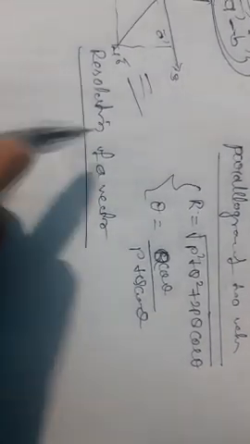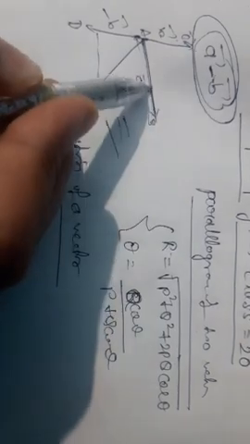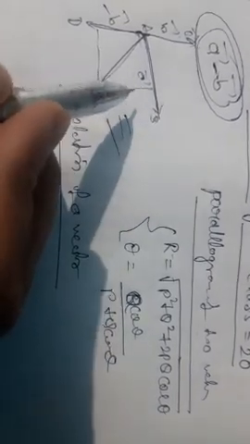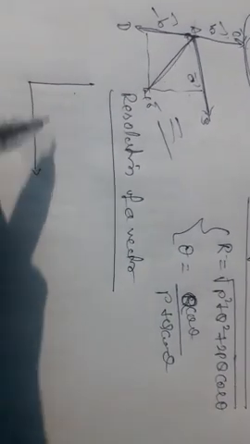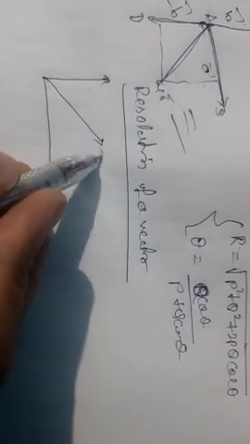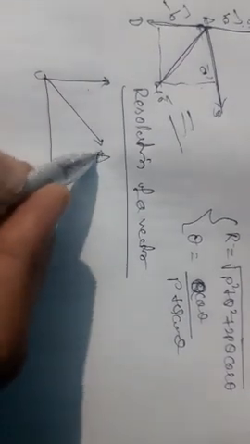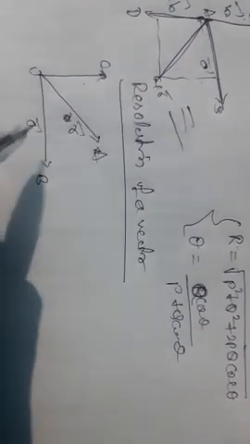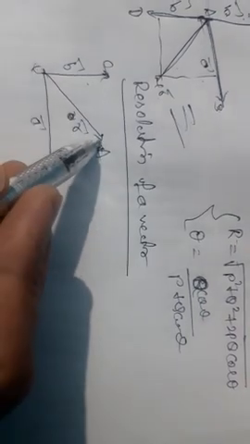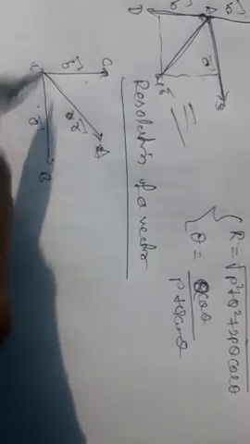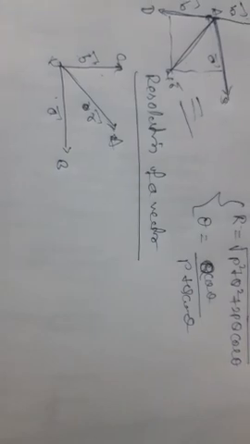See, this diagram shows three vectors, vector A, vector B, and C. A single vector is resolved into two vectors, vector A and vector B. That is called resolution of a vector.